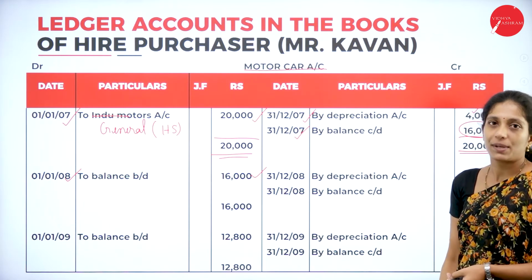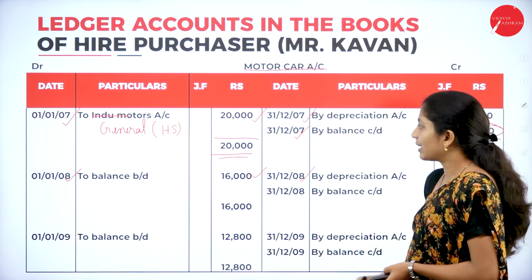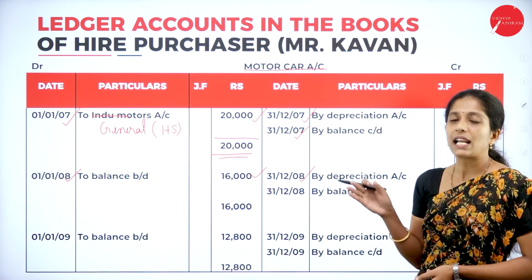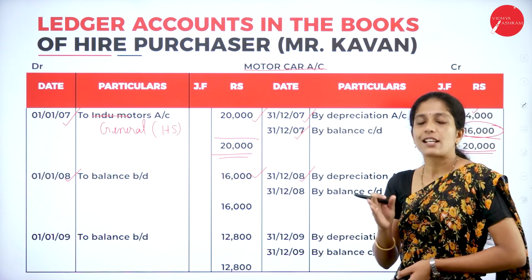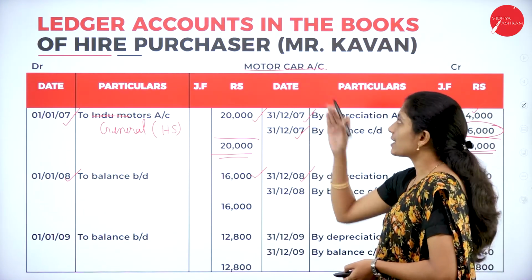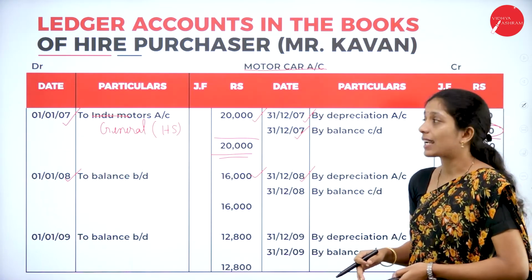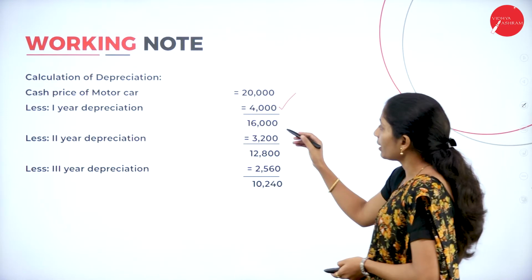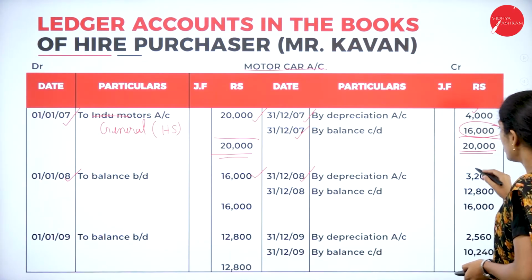Next, charge depreciation. 31/12/08, that is the end of that particular year, 2008, by depreciation account. What is the entry for the depreciation charge? Depreciation account debit to asset account. Here the asset is the motor car. What is the second year depreciation? That is 3,200. So write that 3,200.